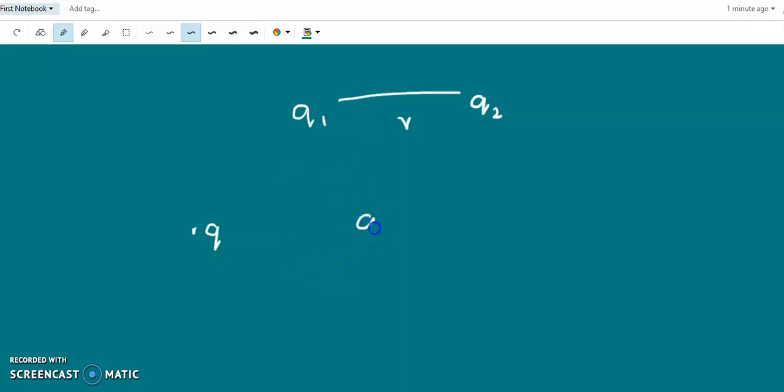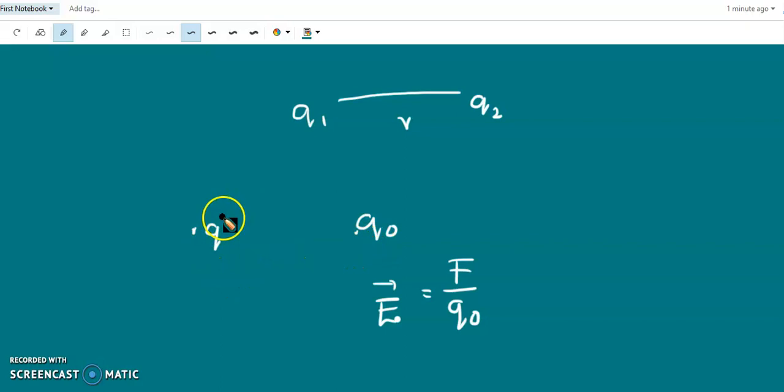It is charge Q naught. Then there will be a force experienced by this charge Q naught. Then the intensity of electric field is defined as the force experienced by the charge Q naught divided by Q naught. So electric field intensity is the force experienced by a unit positive charge.